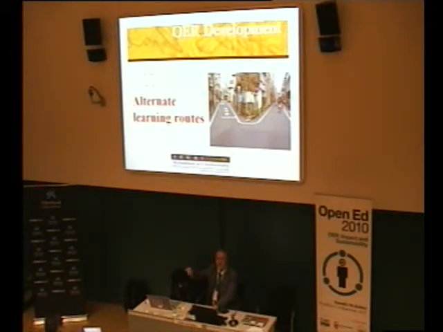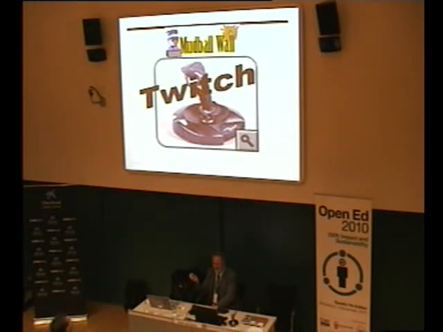You could be a text learner in the morning when you're tired, and a video learner in the afternoon when you're going to sleep again. So there are all different types of learning, and it's really important that we look at alternative learning routes. Everyone's different, and everyone has different learning styles at different times of the day.